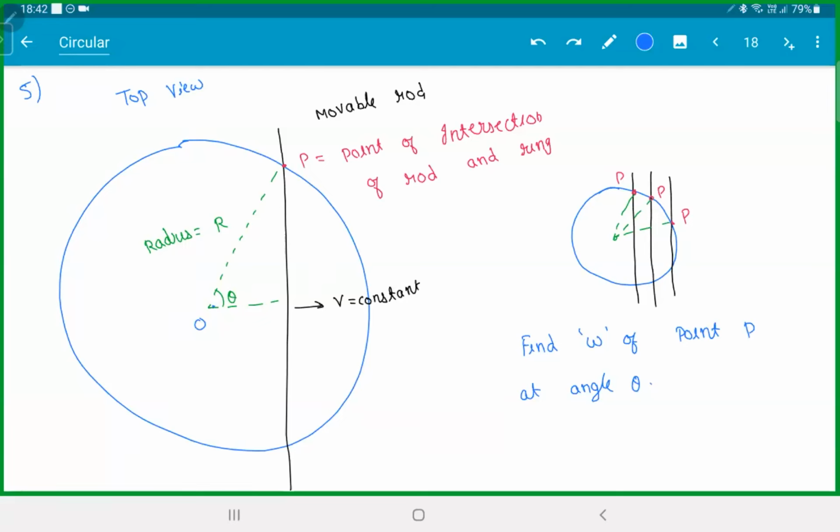How do we do this? You just need to always think, okay, you want to find omega, so we need to find d theta by dt.